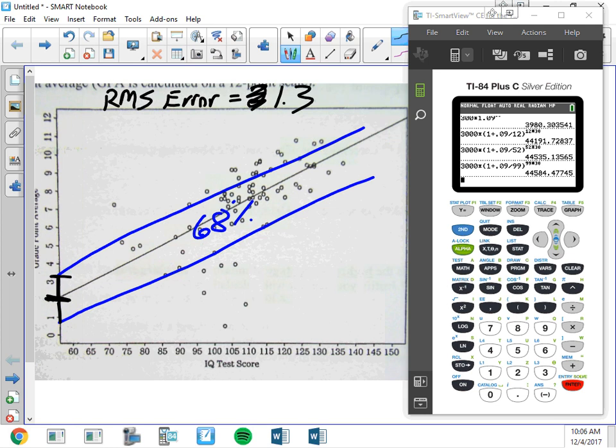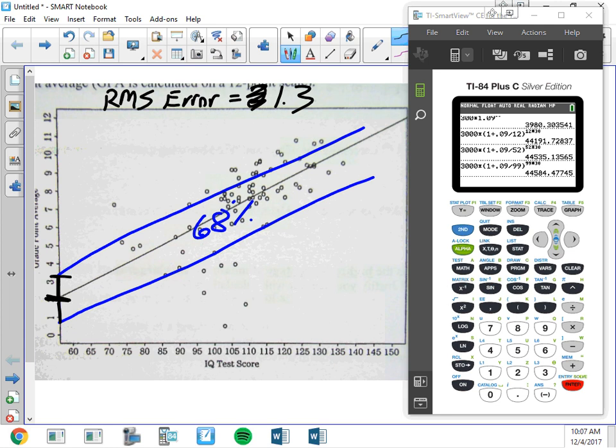Does that make sense, Lizzie? So it's just a guess. You added them up? Oh man, don't do that. Yeah, just draw a positive and a negative line that capture 2/3 of the data, and then measure the Y change. That's the RMS error.